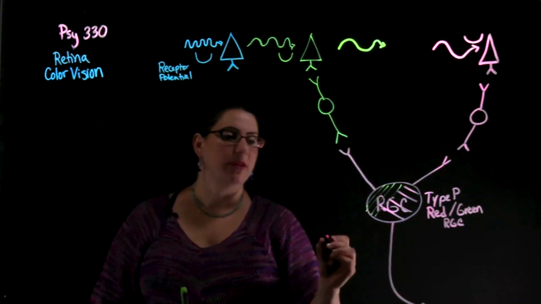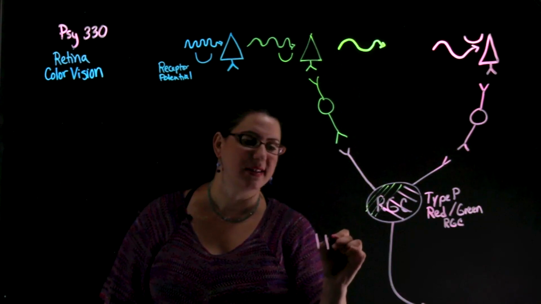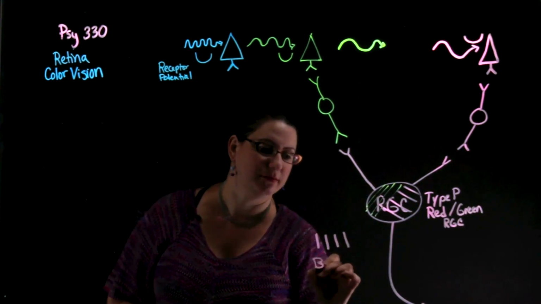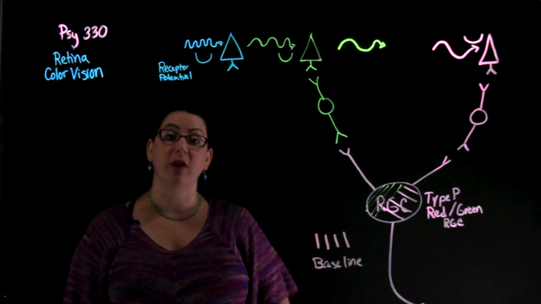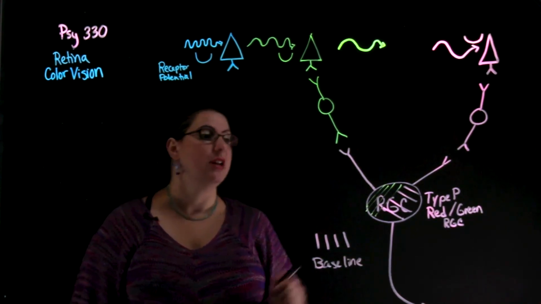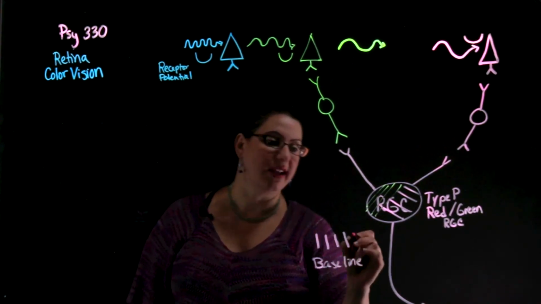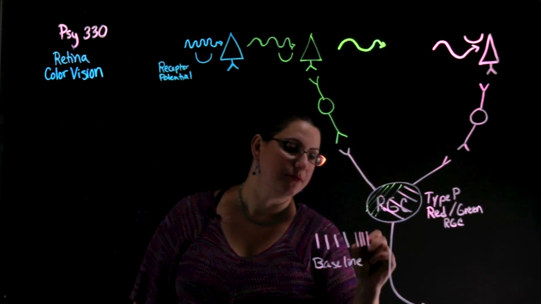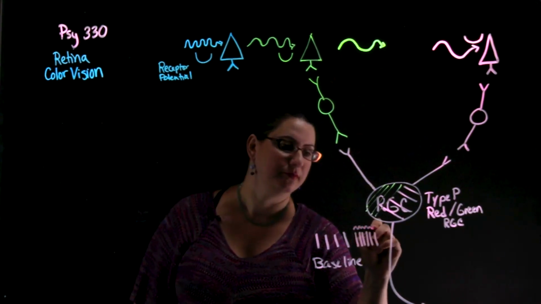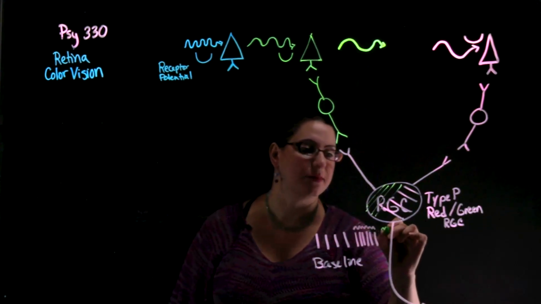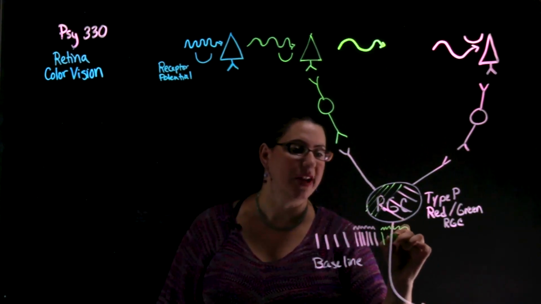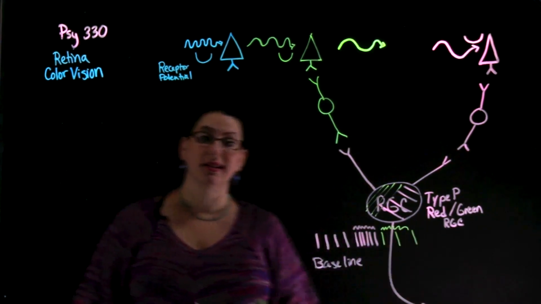The red-green retinal ganglion cell has a baseline firing rate. When red light is present, the firing rate of the red-green ganglion cell increases. However, when green light is present, the firing rate of the red-green ganglion cell decreases.